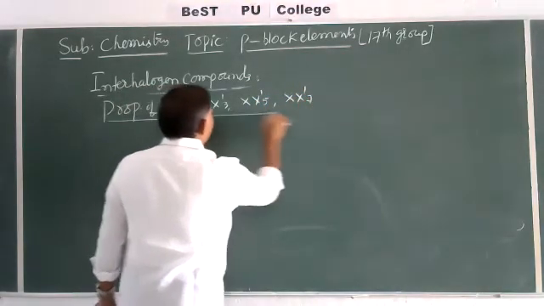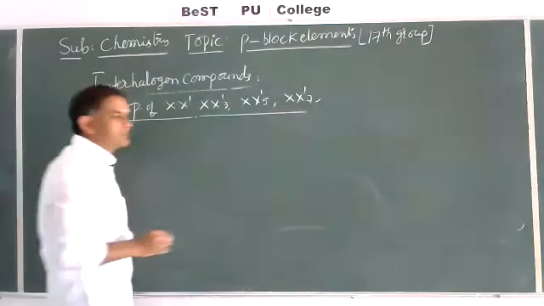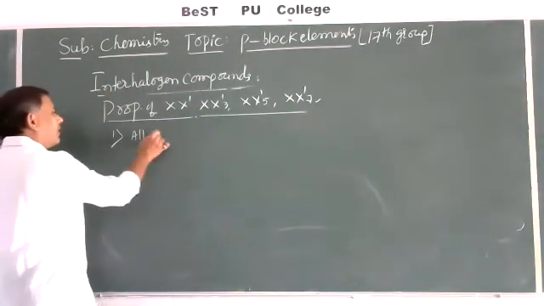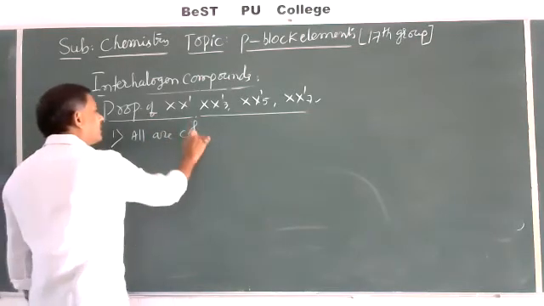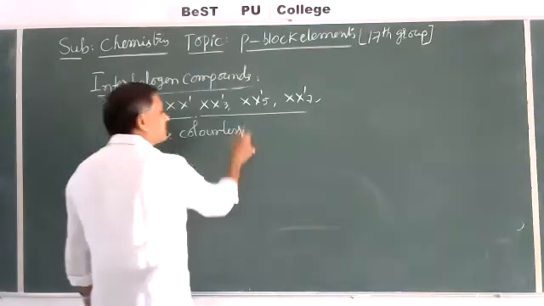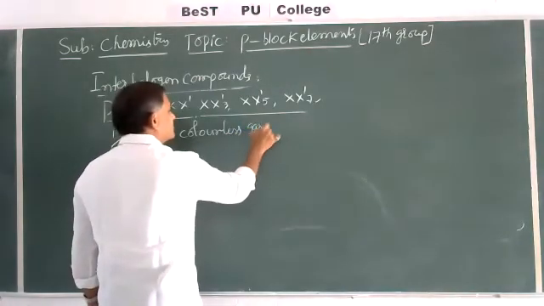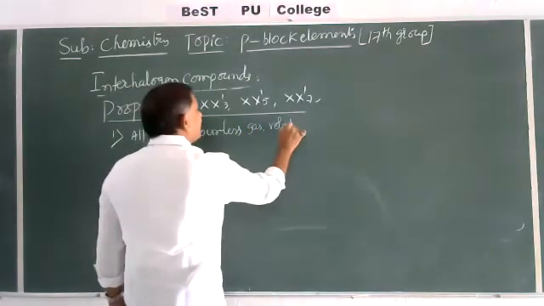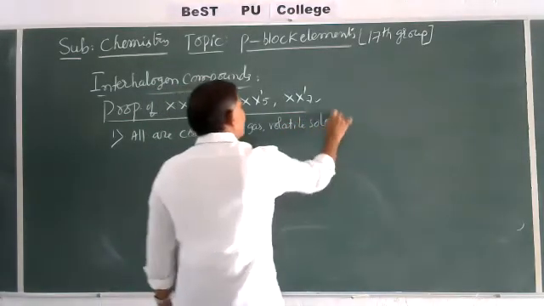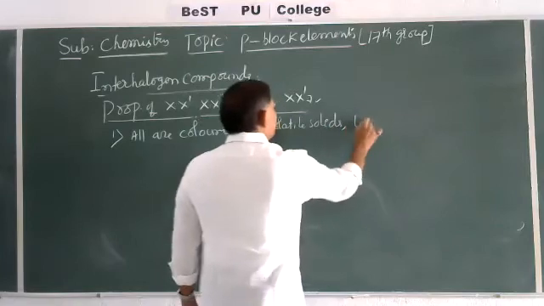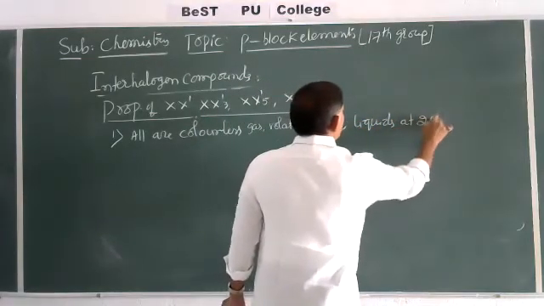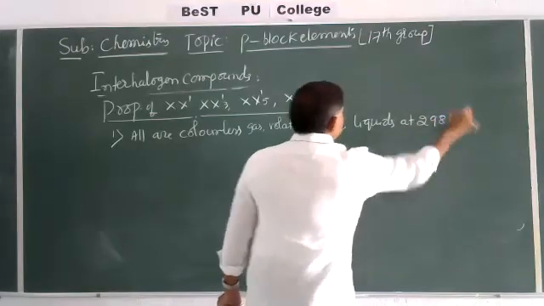All these are the different types of interhalogens. First one is all are generally colorless. Depending upon the situation, either maybe a gas, volatile solids, or liquids at 298 kelvins.